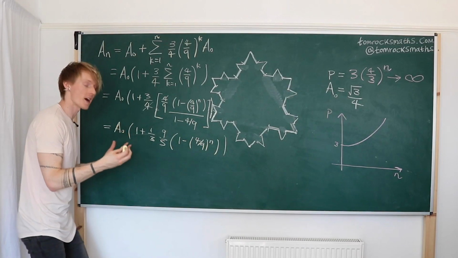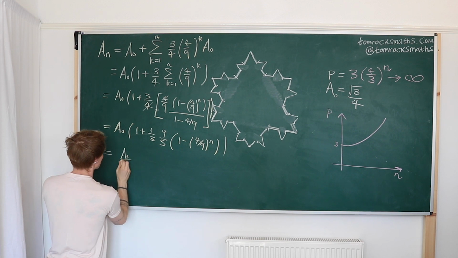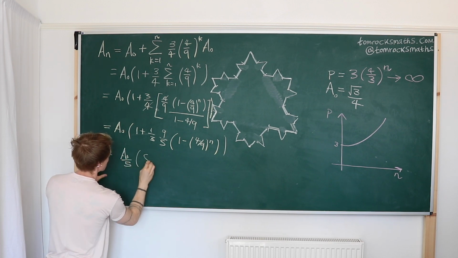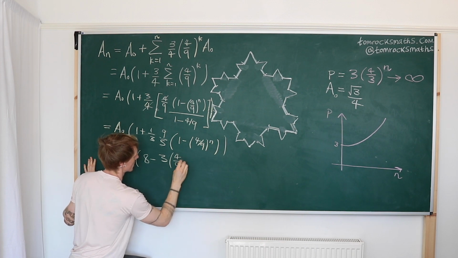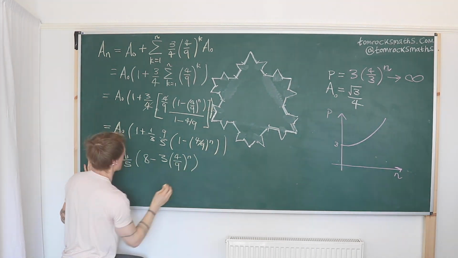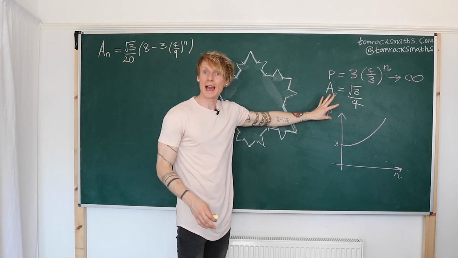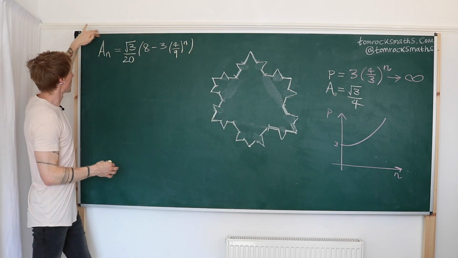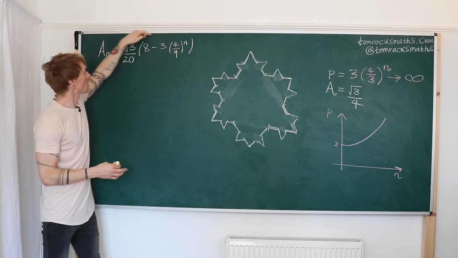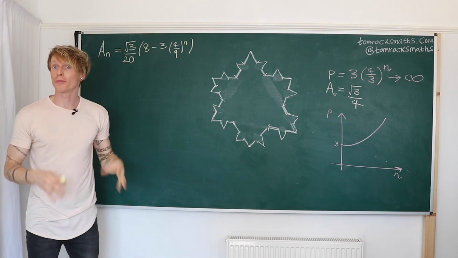And simplifying the fractions gives us our final formula of A0 divided by 5 times 8 minus 3, 4/9 to the power n. Substituting in the value for A0, our initial area for the equilateral triangle, we get the final formula for the area of our Koch snowflake at step n in the fractal generation process.